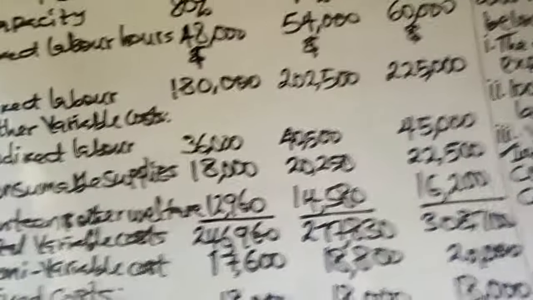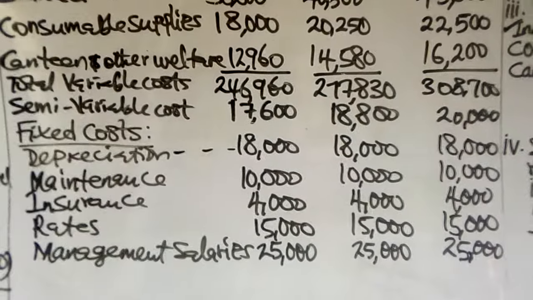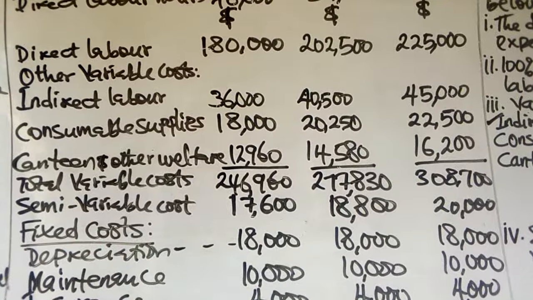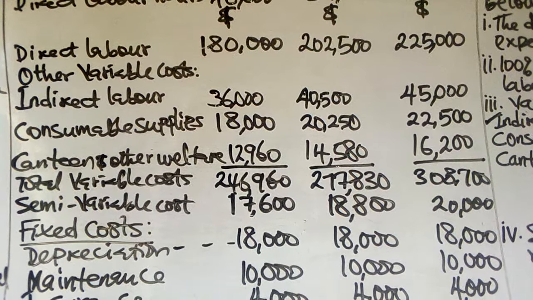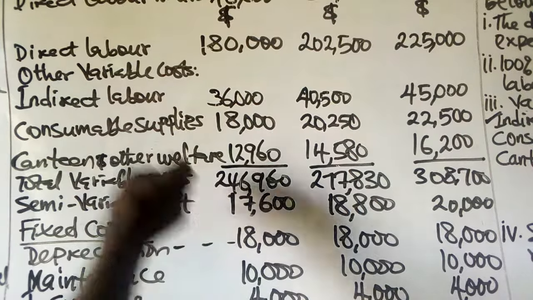Then you sum it up. Let's add everything from direct labor, which is 180,36,000, indirect labor, consumable supplies, then we have canteen and other welfare, which gives us the total variable cost.